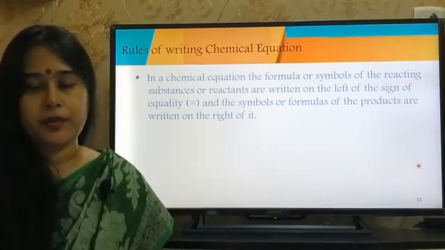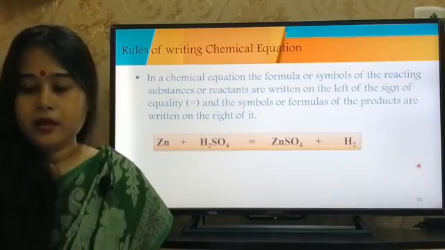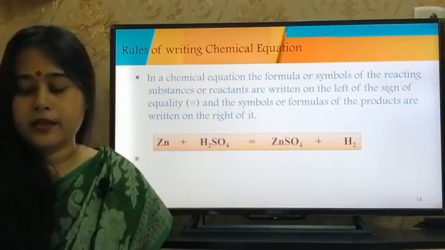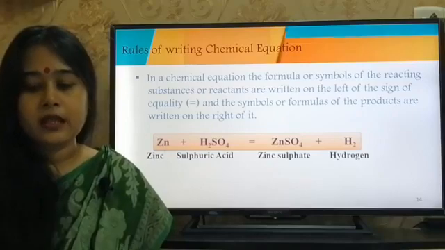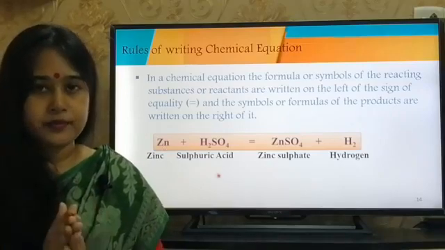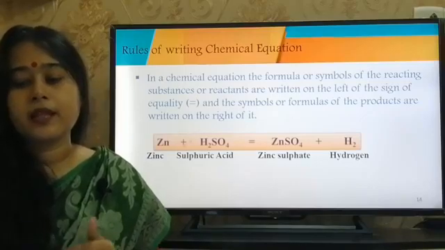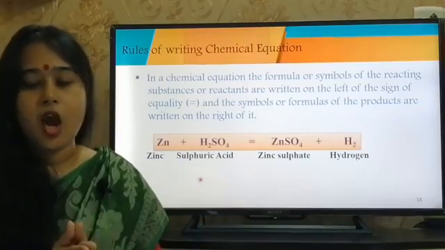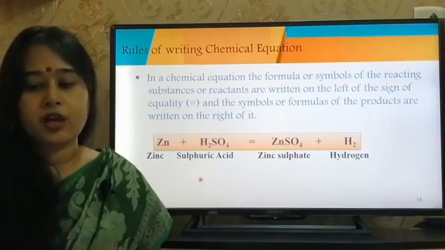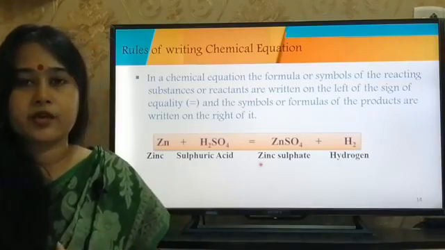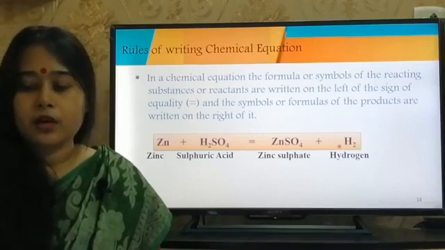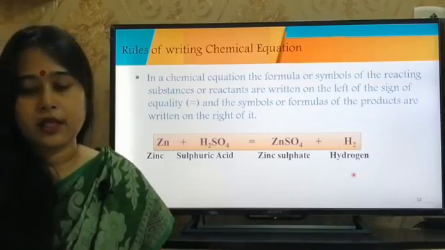As we see in our previous example, zinc and sulfuric acid are the reactants in this chemical reaction. These reactants are written on the left hand side of the equality sign, and the products, zinc sulfate and hydrogen, are written on the right hand side of the equality sign.